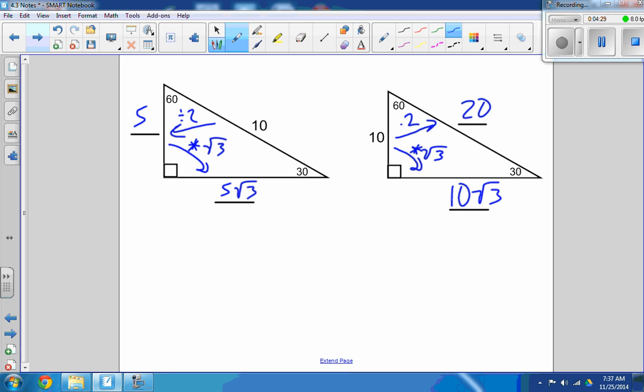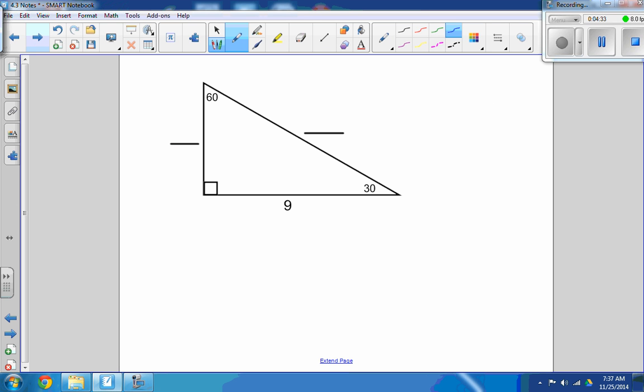Again, we could check both those using the Pythagorean theorem, and it does work out. All right. Now we've got to work the other way around. So to get this one, instead of times square root of 3, I divide by square root of 3. So 9 divided by square root of 3. Times 2.